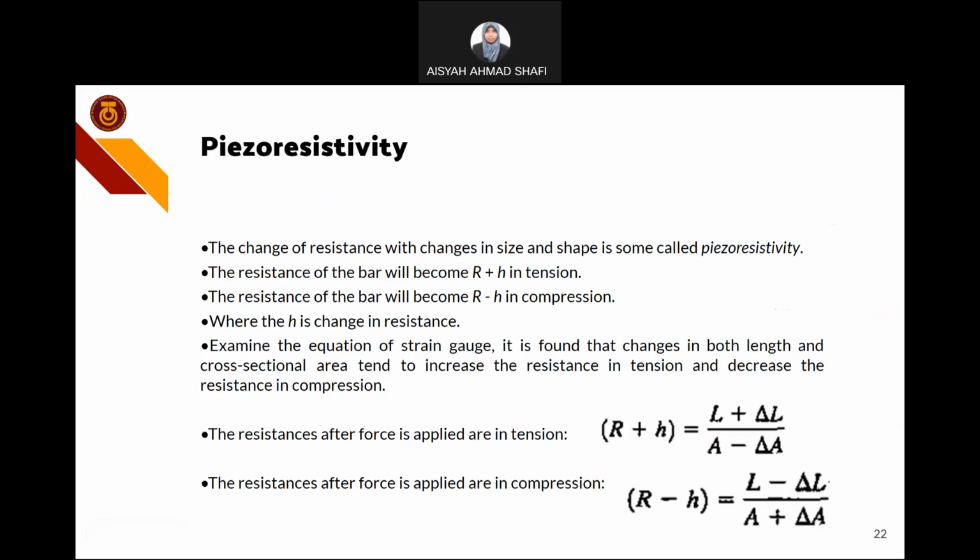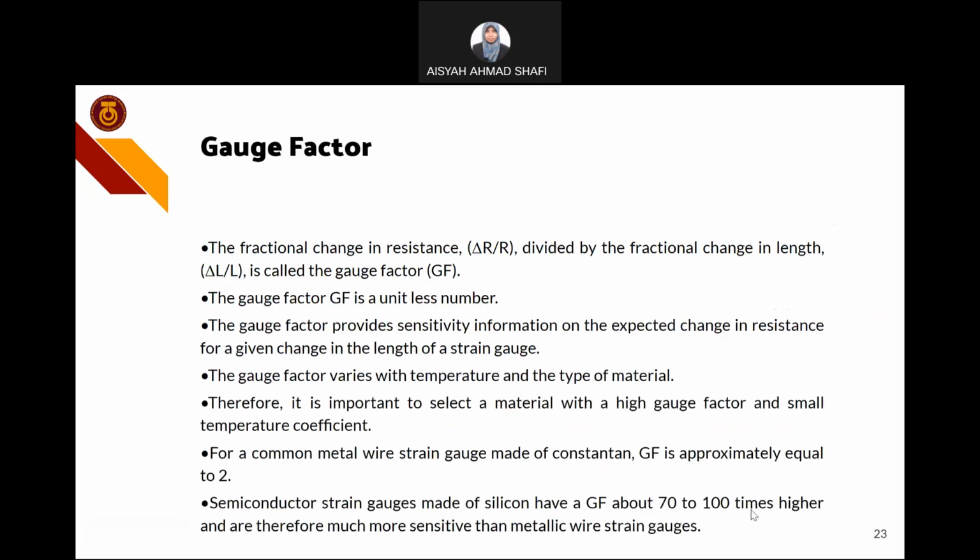When force is applied, it will change based on L and A. So this is the effect of piezoresistive. It is a property of the material that changes with the changes of displacement.